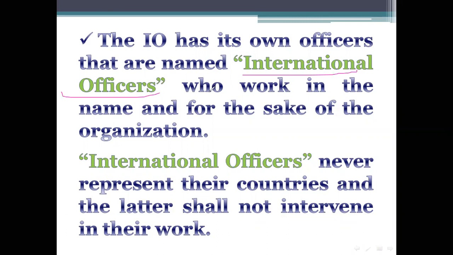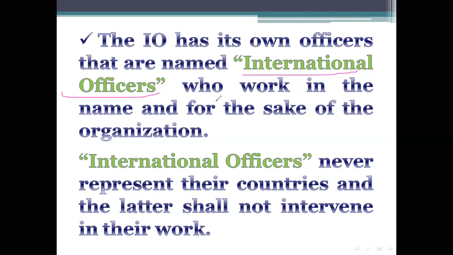So they work in the name and for the sake of the organization. So Ban Ki-moon, for example, he was the Secretary-General of the United Nations. He's a Korean person. So now he is a Korean, but when he works for the United Nations, he doesn't represent his state.